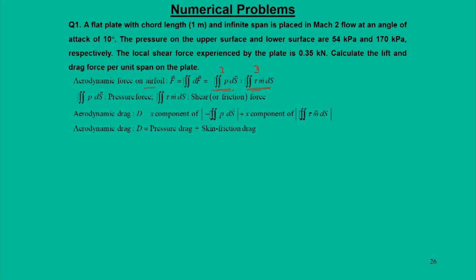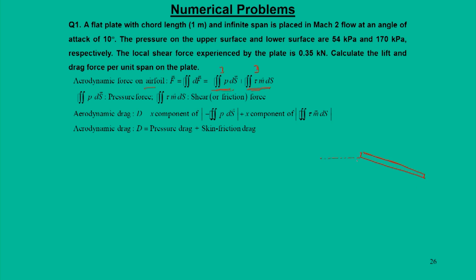This is the case for a flat plate. What we can do is first draw a flat plate which is inclined at 10 degrees in the mainstream flow. This is the flat plate.